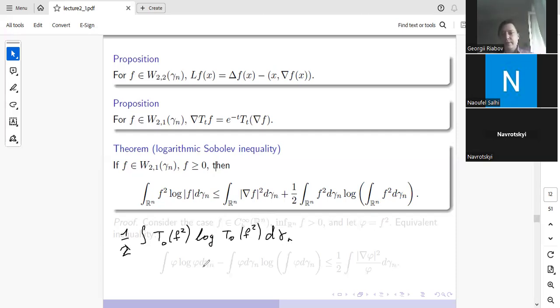So this is the left side. And also at infinity, the Ornstein-Uhlenbeck semigroup converges to the integral. So this is like T infinity of f squared, and this is log of T infinity of f squared.